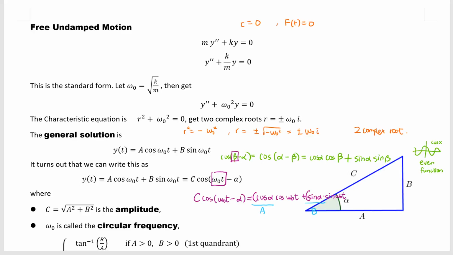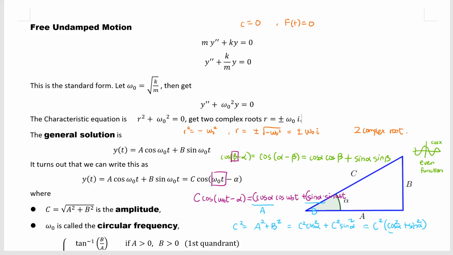Then what is C? You know that C squared is A squared plus B squared. Why is that? A squared is C squared cosine squared alpha, and B squared is C squared sine squared alpha. You can factor out the C squared, and you get cosine squared alpha plus sine squared alpha, which is 1, right?